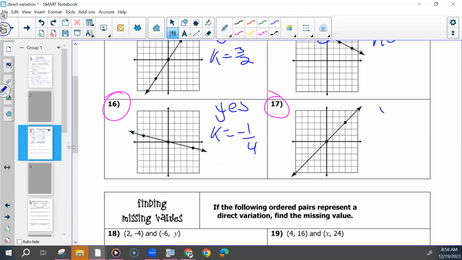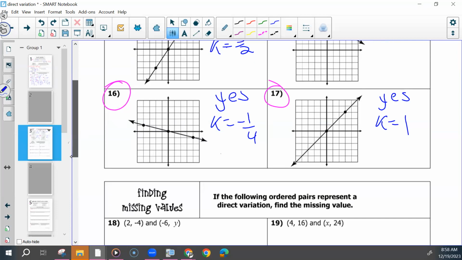What is the k value? 3/3, which simplifies to 1. So you should be able to find k, and also find k in different ways on a graph, in an equation, using ordered pairs or a table. And also look at equations and graphs to see if they are direct or not.